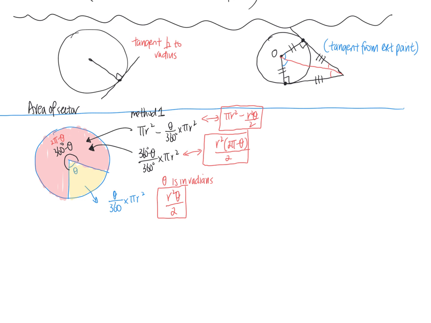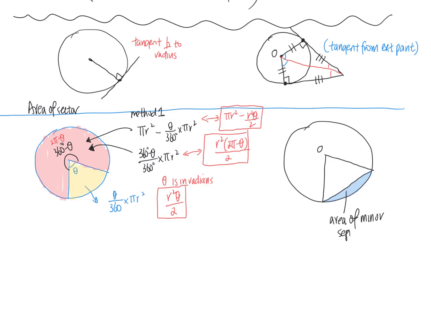Okay, so this is area of sector. But if I want area of segment, also got two types. Segment got minor and major also. So this blue slice is minor segment. The small one, minor segment.